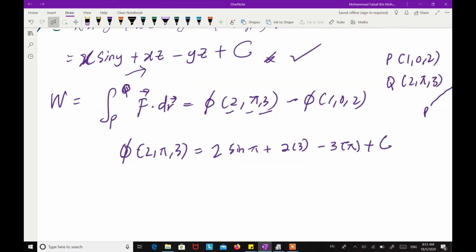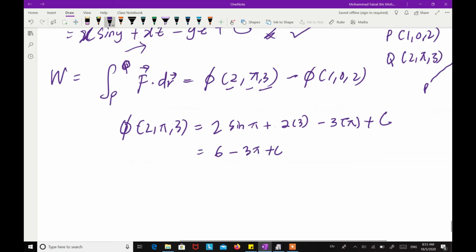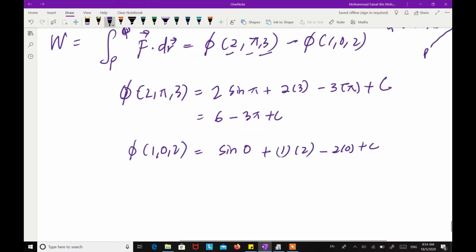Sine pi is 0, so 6 minus 3 pi plus c. Phi at (1, 0, 2) will be sine 0 plus 1 times 2 minus 2 times 0 plus c. So this results in 2 plus c.